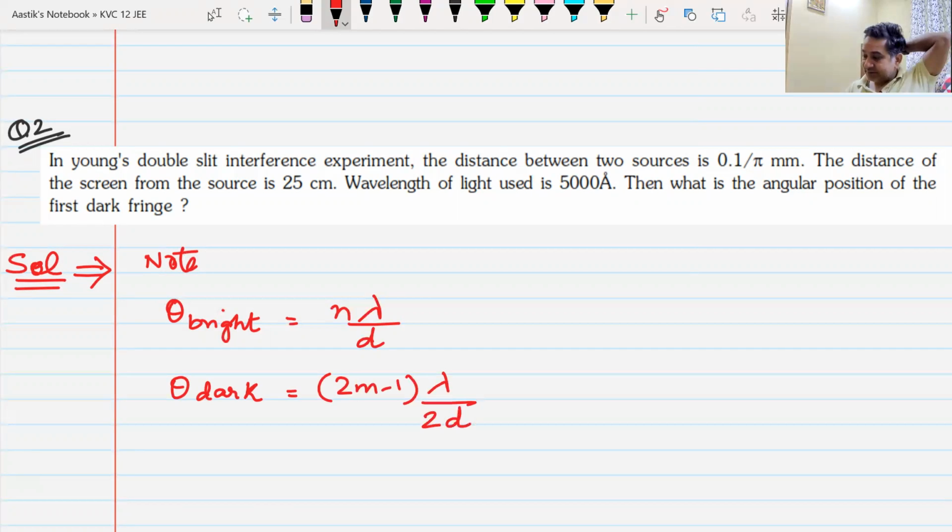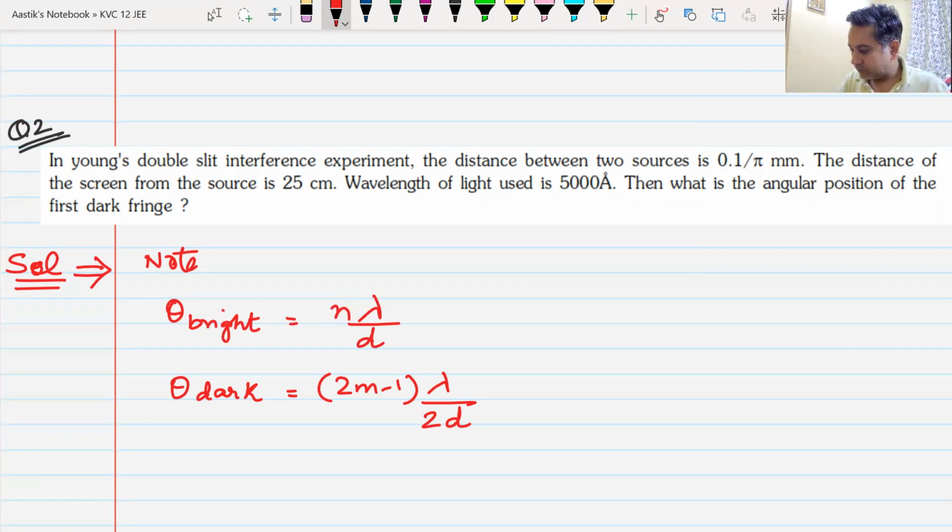Do you understand this? So just put the value of n as 1 and you will get the answer. 2 minus 1 is 1, so it will be lambda by 2d. That is the answer that we are looking at. I hope everyone understands this. Yes or no? Please note it down and I'll get you the next question.